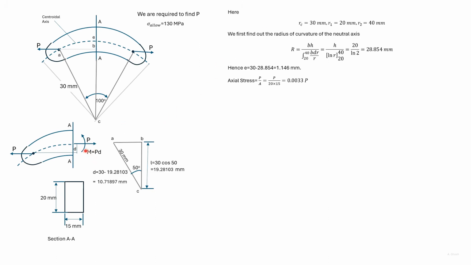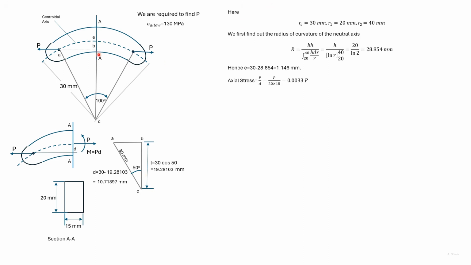We'll now find out this distance d, which we need to get the magnitude of the moment. The centroid of the section is at a distance AC from the center of curvature. This angle is 50 degrees.